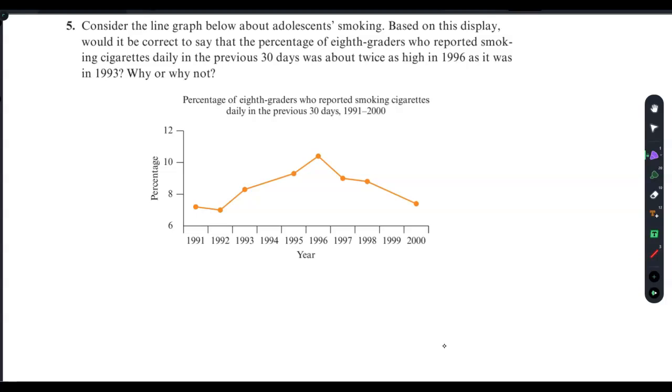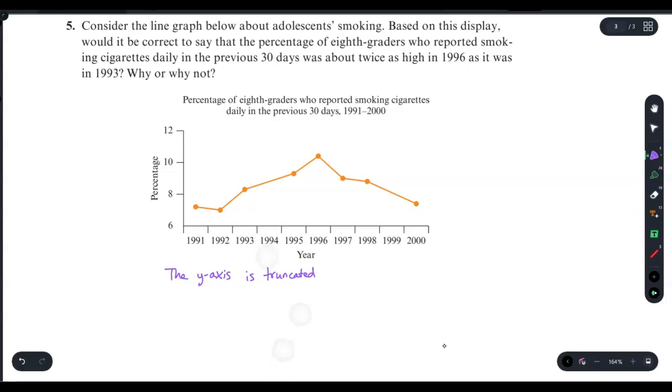Now, what I did notice is that my lowest percentage shown here is 6. And so it looks like in this case, the y-axis has been truncated, meaning it doesn't start at 0. At the very least, that means that they should have included a truncation symbol to indicate that they aren't starting at 0.